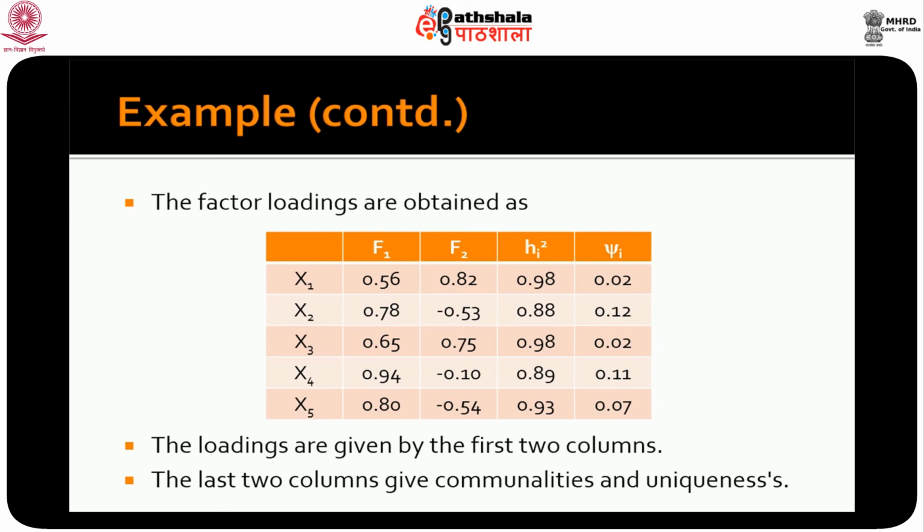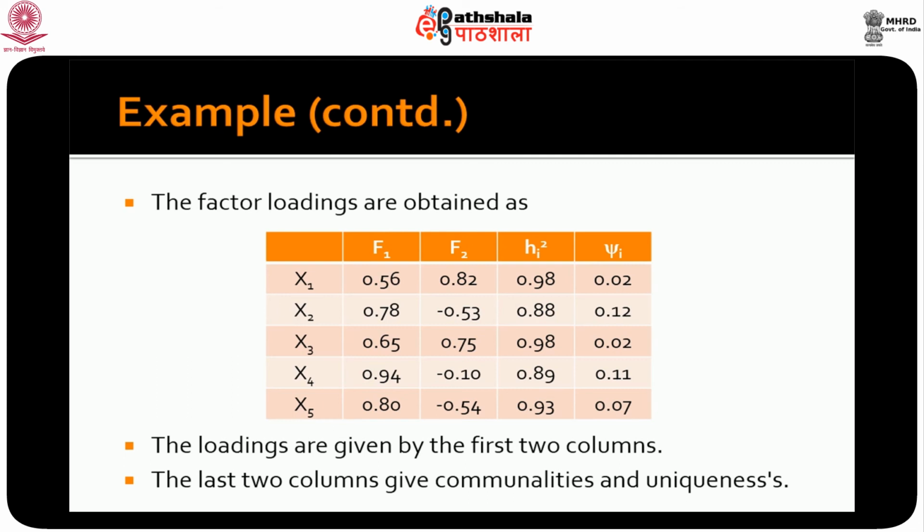So there is very little additional information coming in from outside these 2 factors, and we can write the sigma matrix, or rather the estimated matrix, as L, which is now 0.56, 0.78, 0.65, 0.94, 0.80 in the first column, and 0.82, minus 0.53, 0.75, minus 0.10 and minus 0.54 in the second column.